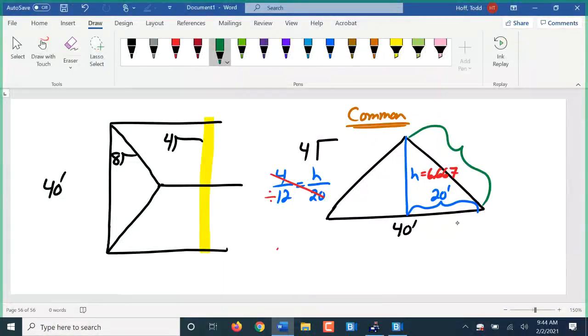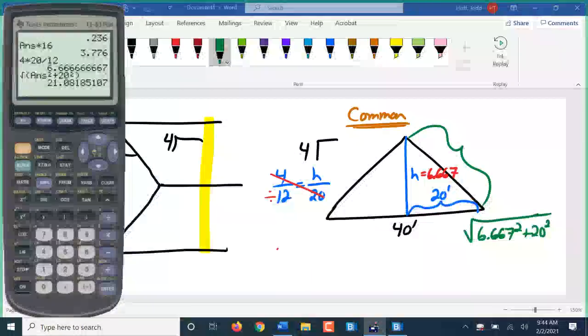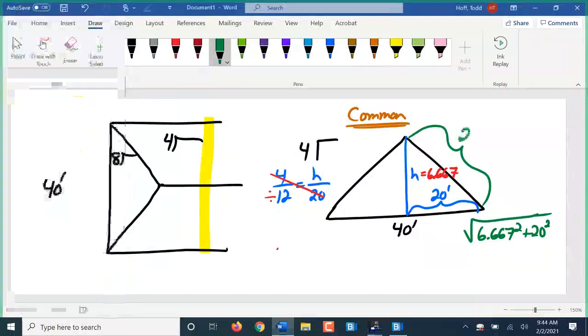That'll be the square root of that 6.667 squared plus the 20 squared. It's 21.082 feet. So that is the length of that common rafter.